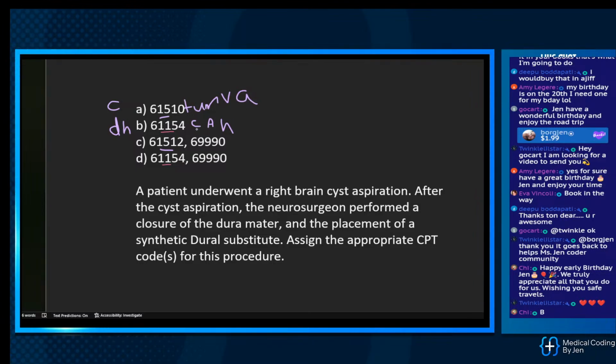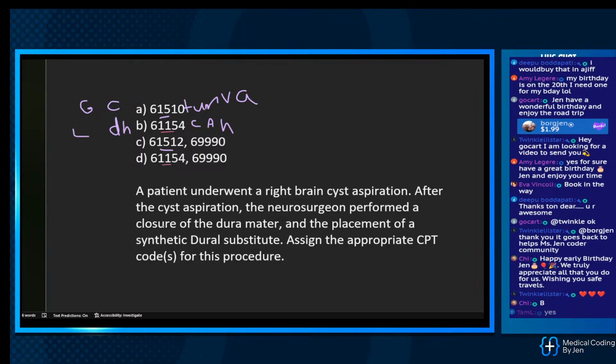The burr holes also use local anesthesia, and the 615 uses general anesthesia. So that's a ton of info for you. That's not in the book. But we have a cyst and it's aspirated. I already told you that the cysts usually are in the 11s, and we can get rid of this, and we can get rid of that. Now you just need to know, did we use a microscope or not? Do we see anything about microscope here?